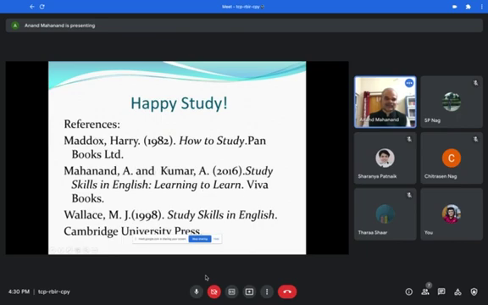This book has all the information I have told you today. Michael J. Wallace's book, Study Skills in English, is also a good book. So read any of these, or all of these, and you will know more about study skills.